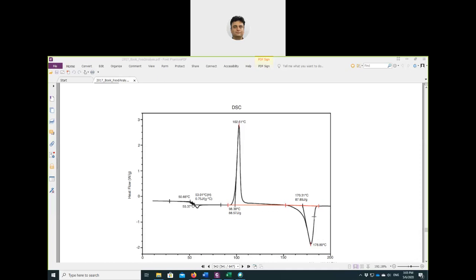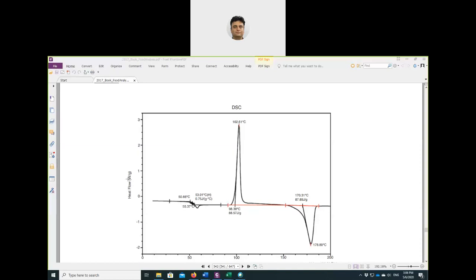It depends on the maximum and minimum temperature for your different material, but the range mostly starts from around 0 to 20, room temperature, going to around 200 degrees.